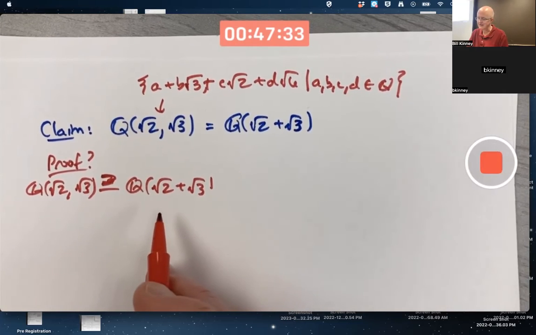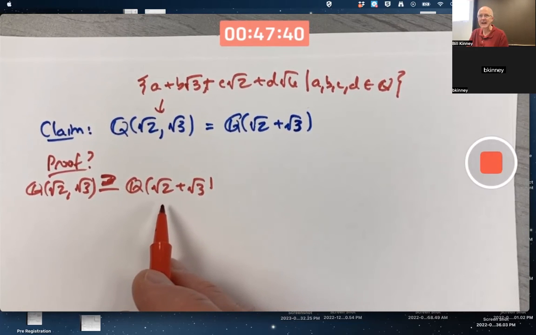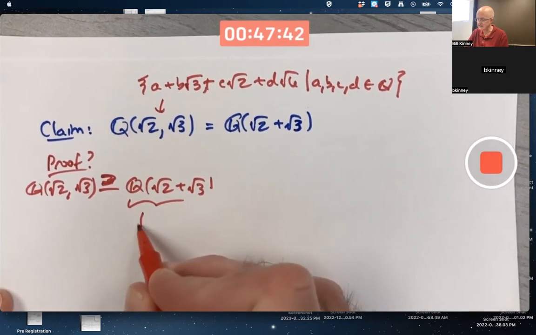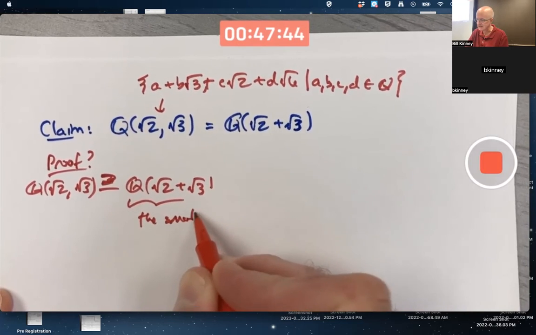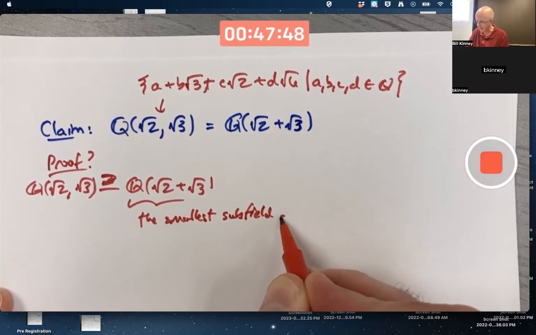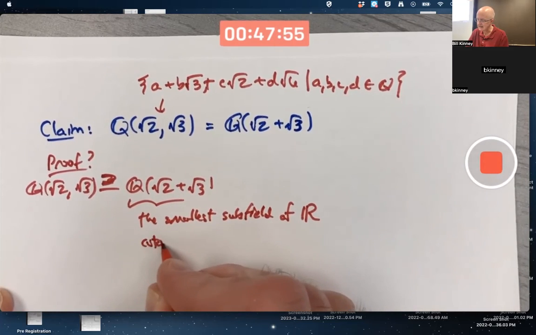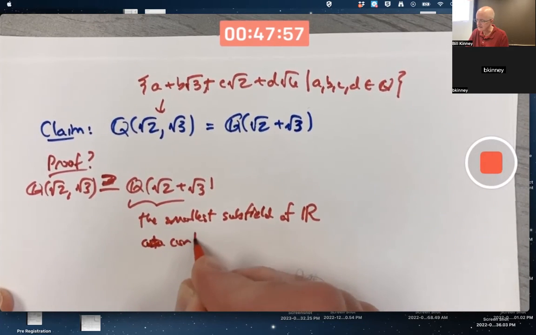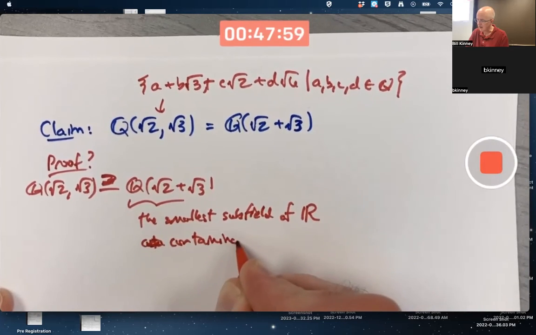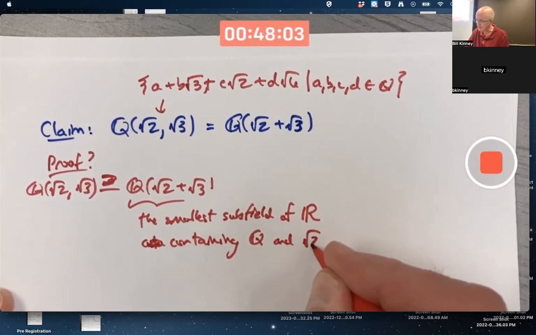Use the definition and the fact that this thing is a field. This thing, again, is the smallest subfield of, for example, the reals, simplest example to take, containing all the rationals and the number square root of 2 plus square root of 3.